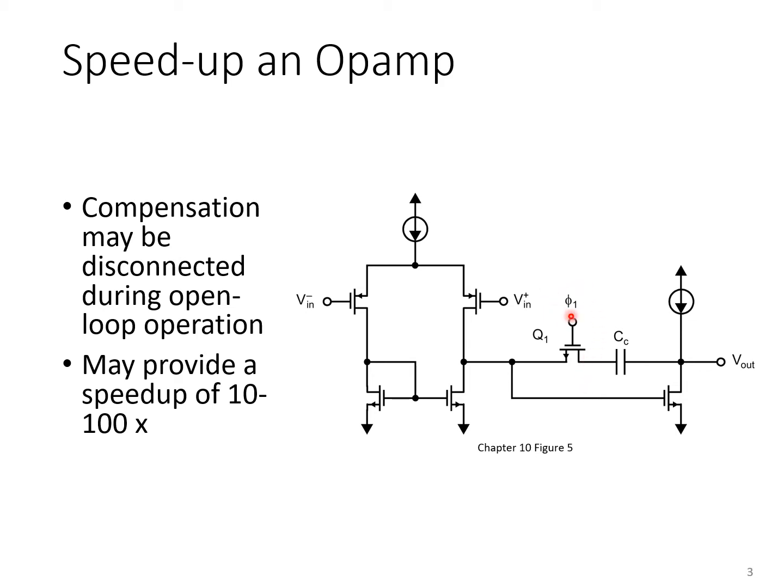So the signal at the gate of Q1 is likely a clock that is alternating between a comparison phase and a reset phase. Using a technique like this can certainly speed up the settling time of an op-amp, perhaps by an order of magnitude or two. But there are other techniques that allow for much faster comparators in CMOS.